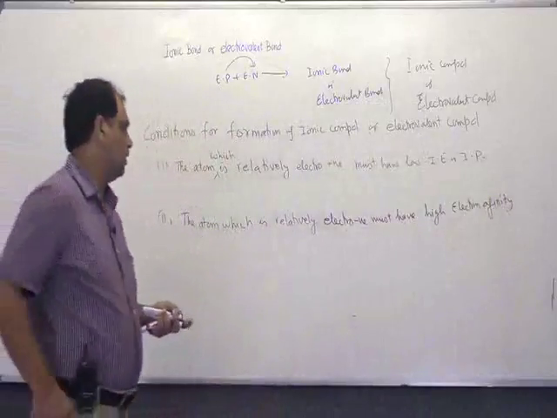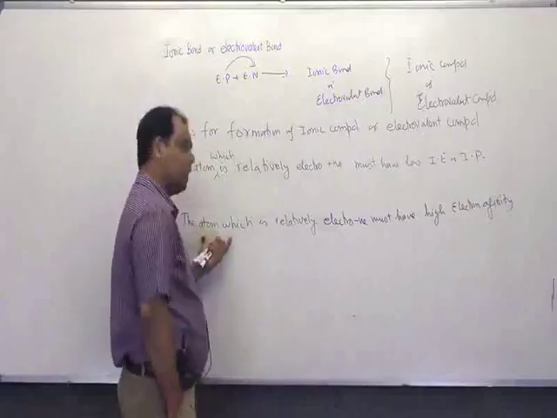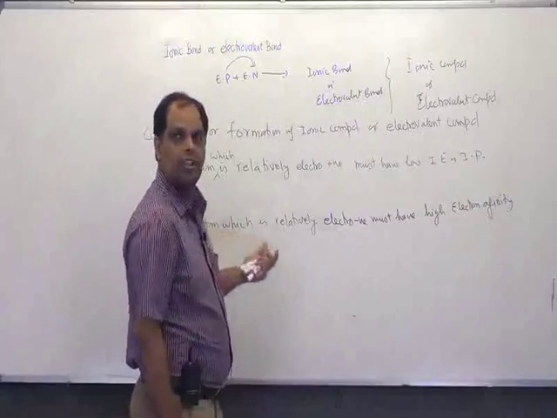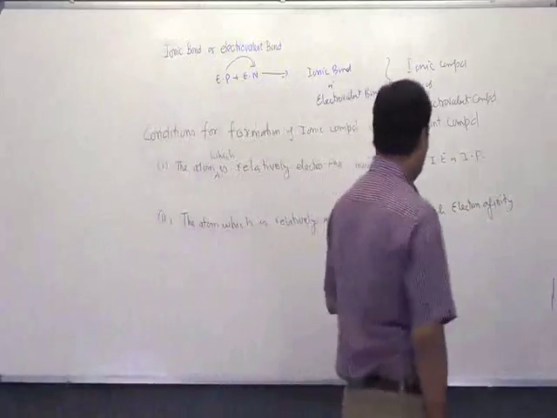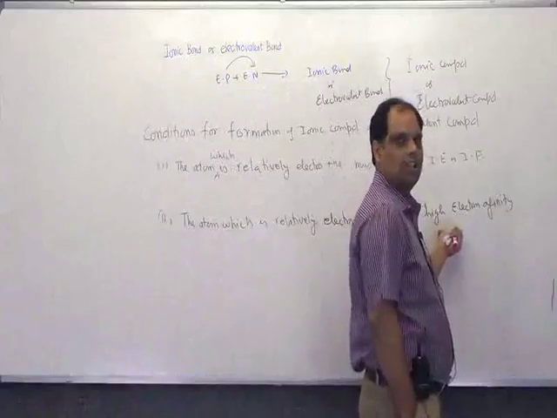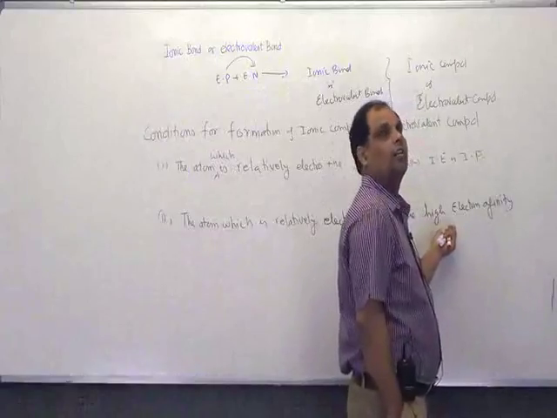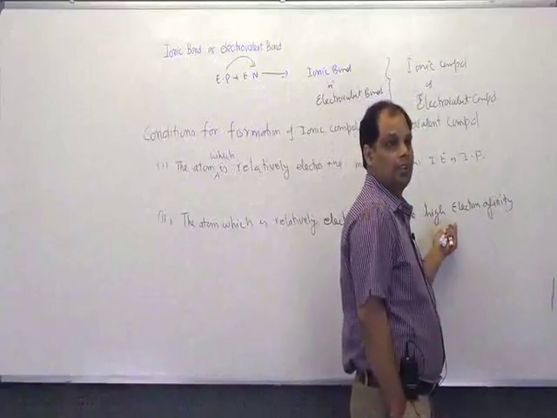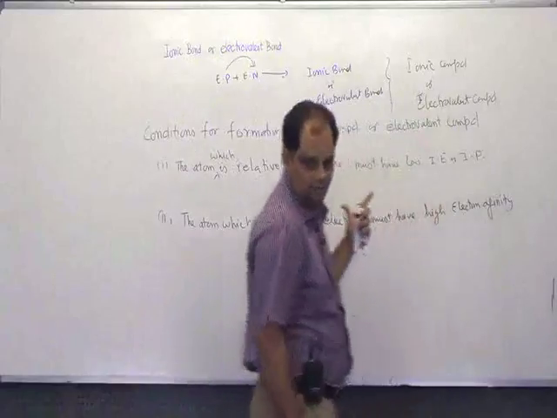It means the atom which is relatively electronegative should easily form anion, and a large amount of energy is released in formation of anion. So this will help in stabilizing the anion.